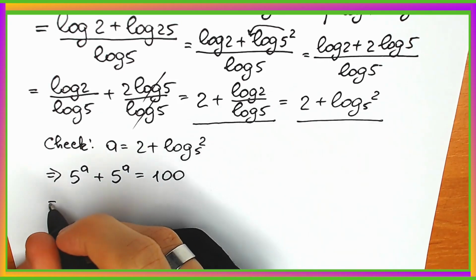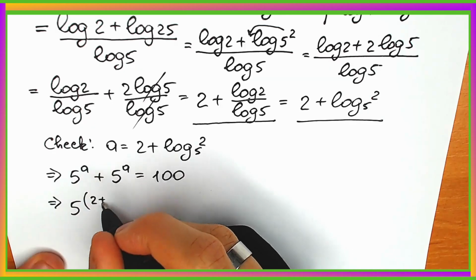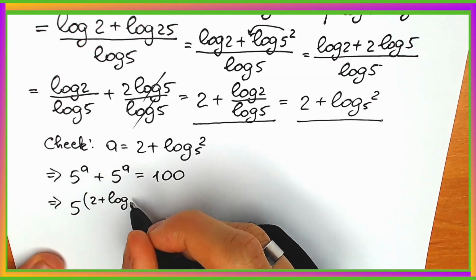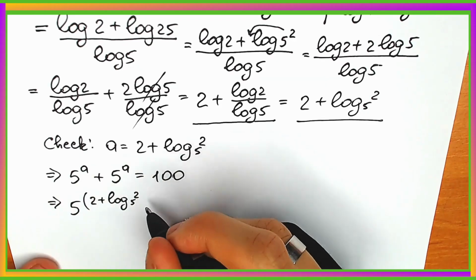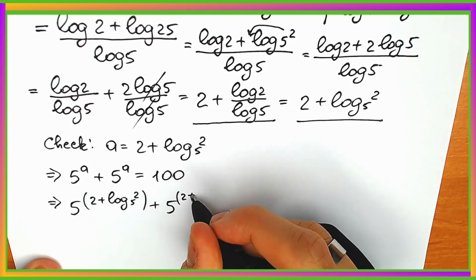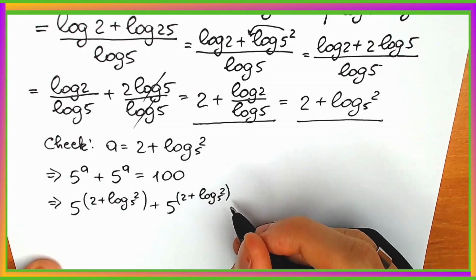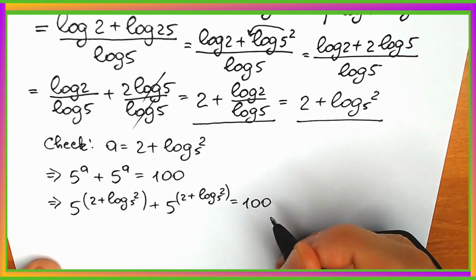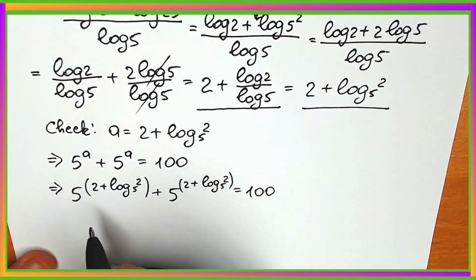Okay, let's do it. So we have 5 to the power a, where a equals 2 plus log 2 base 5, and we have plus 5 to the power 2 plus log 2 base 5 equal to 100. And in terms of the power rule we can easily split this power.